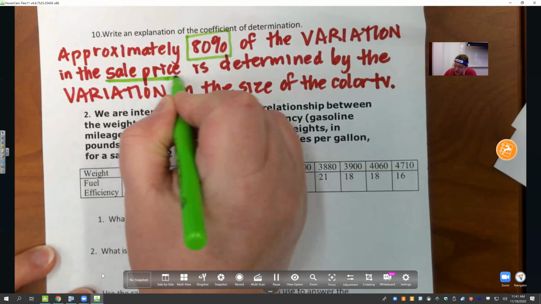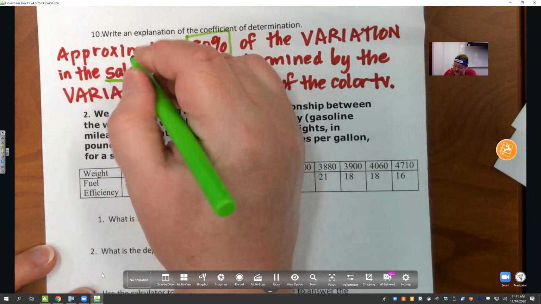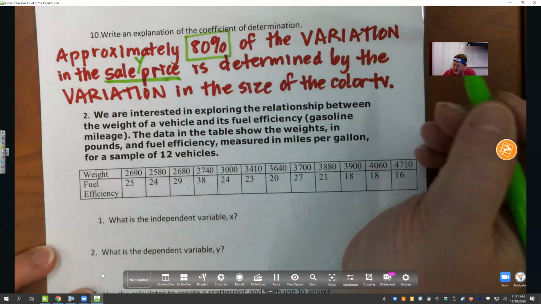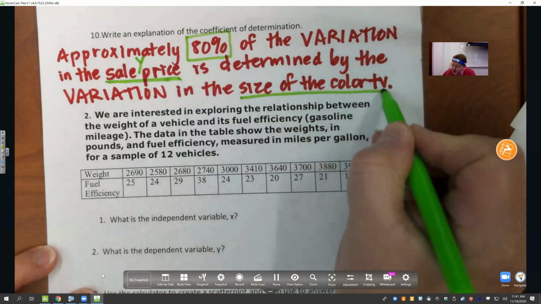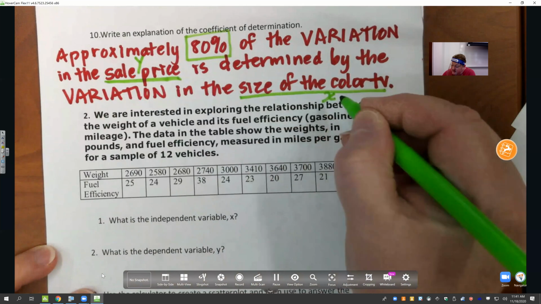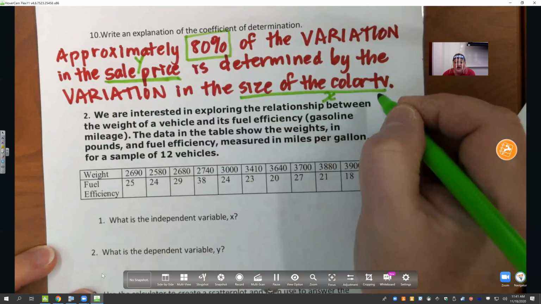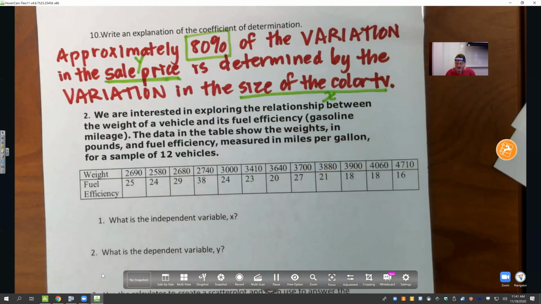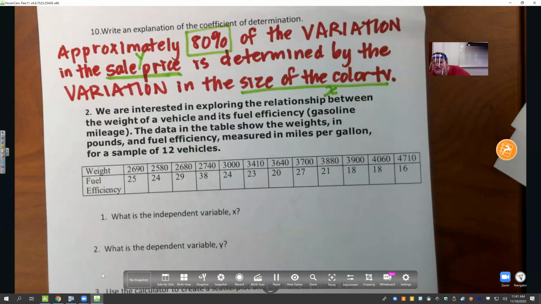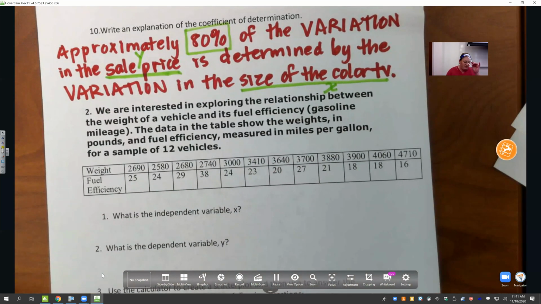Your variable will change, and the first one is always the y, and the second one is always the x. And those words variation are important. You've got to have the variation word in there those 2 times.